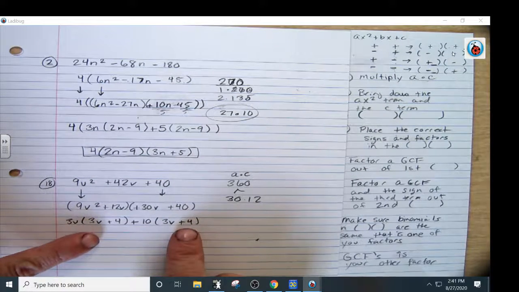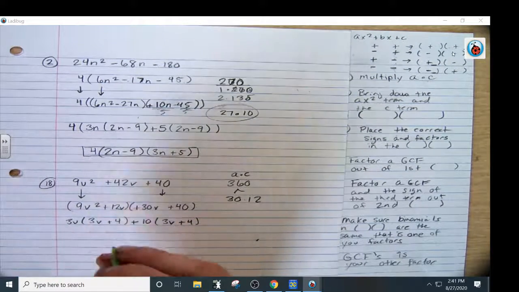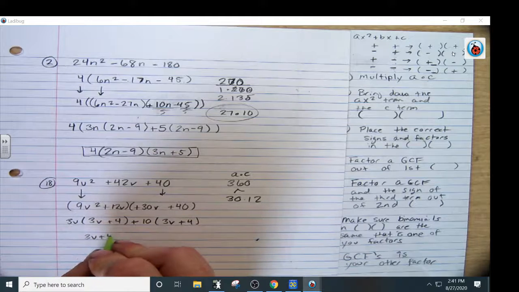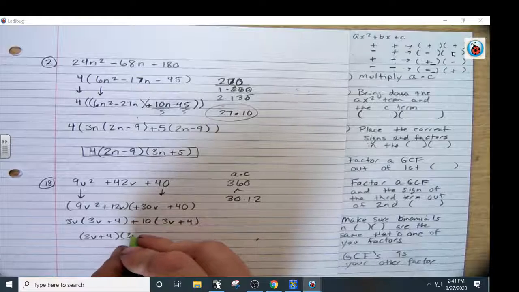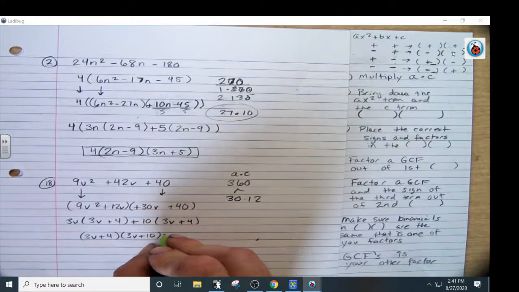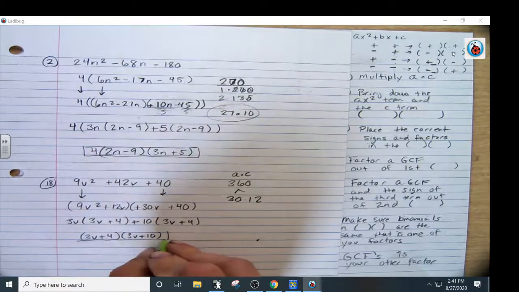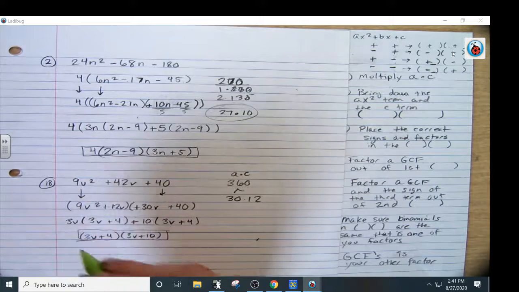Both the same, right? So we know we did it right. GCFs are the other ones. I did not have a GCF, so there you go.